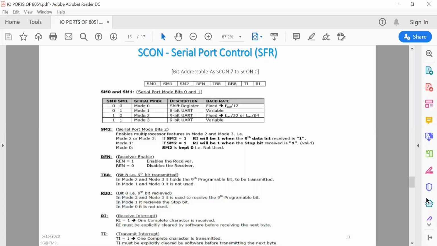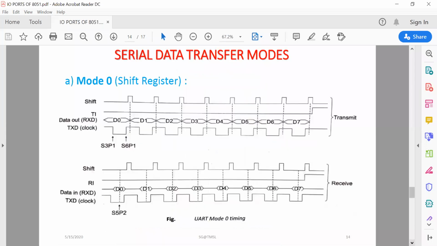So regardless of the TI flag status, transmission begins, and when the transmission is completed, all 8 bits have been sent, the TI bit of the SCON register will be set automatically. It generates the interrupt signal automatically.